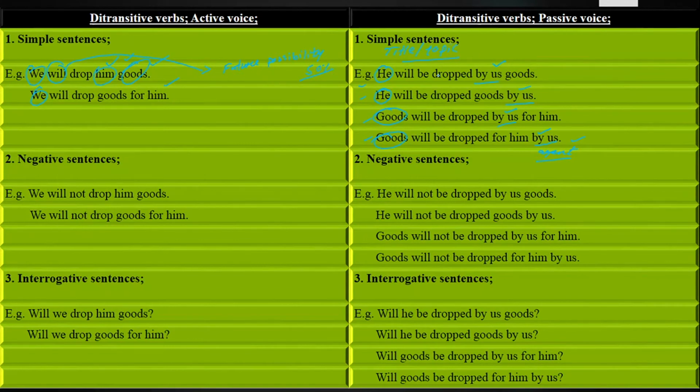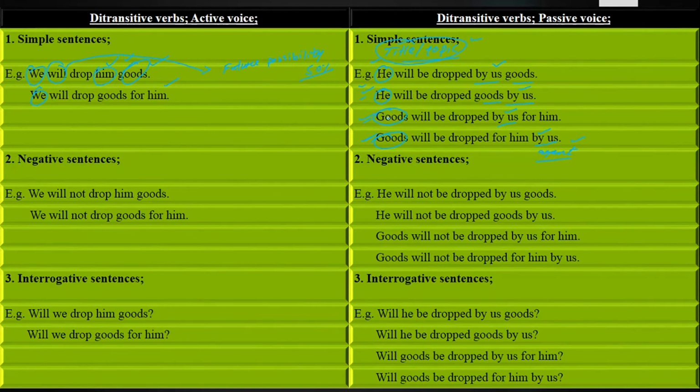A title and topic subject is a person, place or thing in a sentence which we are talking about. In the first and second sentences we are talking about a person, in the third and fourth about things. If you bring the indirect object in first and second sentences in the place of subject, by us comes at the beginning and goods at the end, or goods at the beginning and by us at the end.